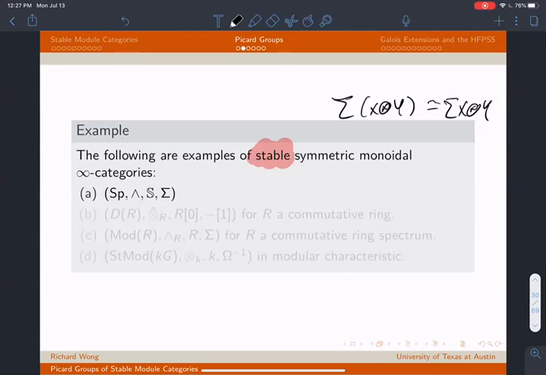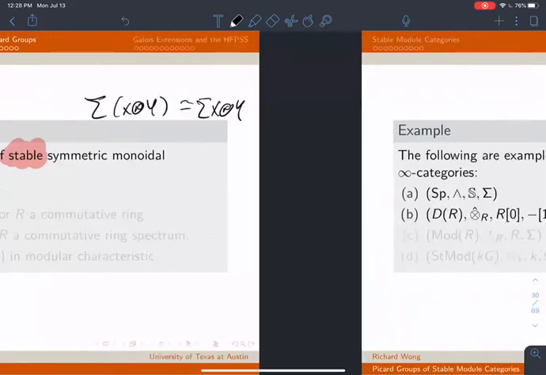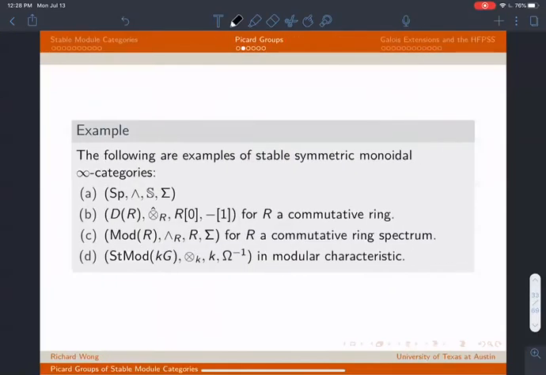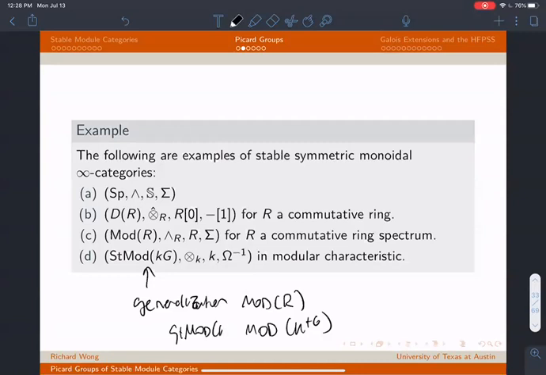So examples are the category of spectra, the derived category of a commutative ring, modules over an E-infinity ring spectrum, and the stable module category. You can think of this as some kind of generalization of modules over a ring.